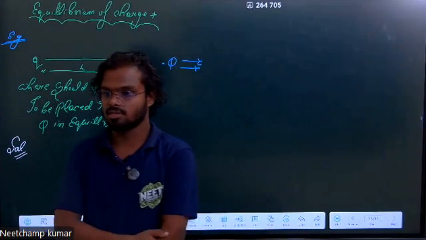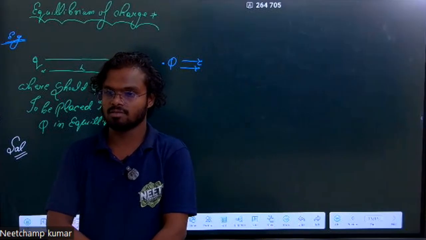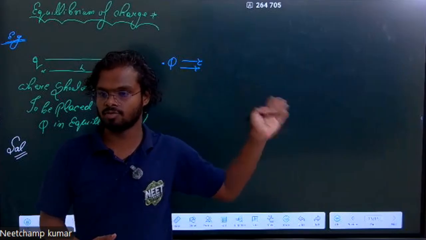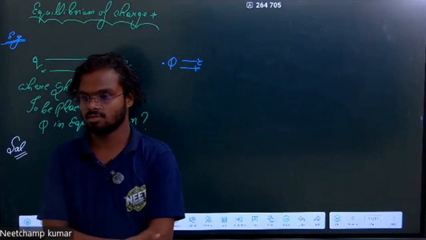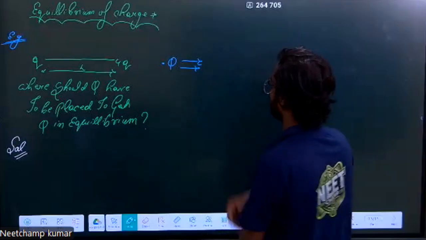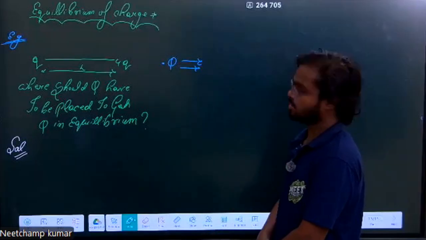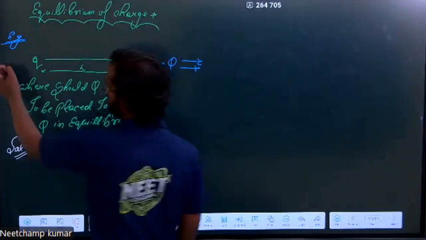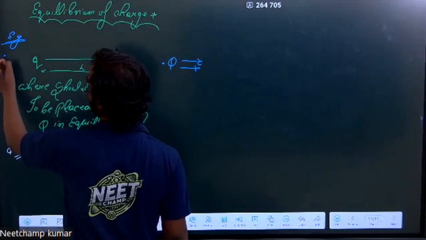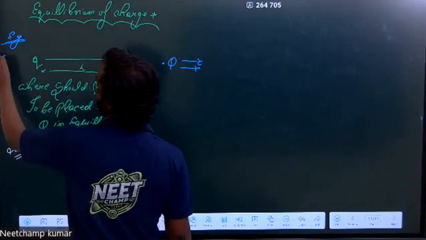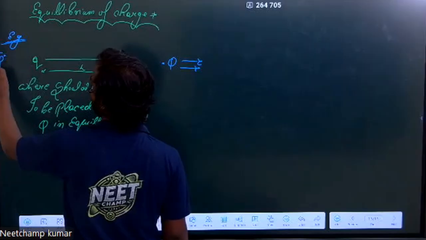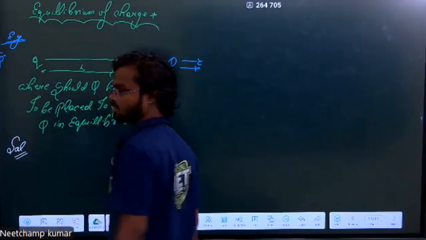Is it possible to get the net force 0 in this place? No, obviously it is not possible, because both forces are in the same direction. Similarly, check here also. Suppose I put it here: this 4q applies a force in this direction, and this q also applies a force in this direction. Again it is not possible.